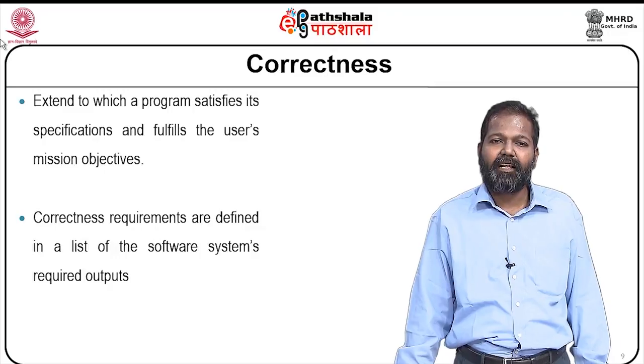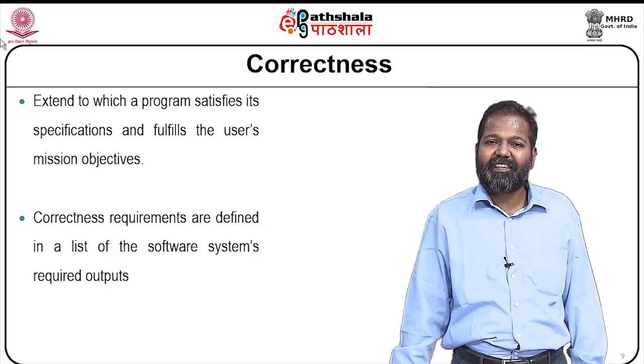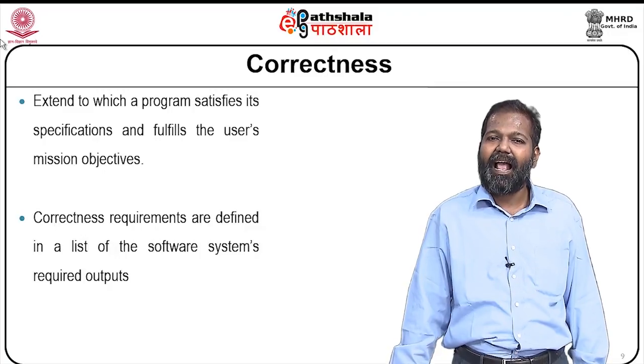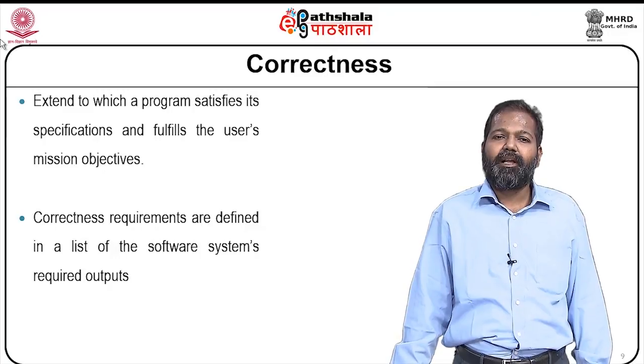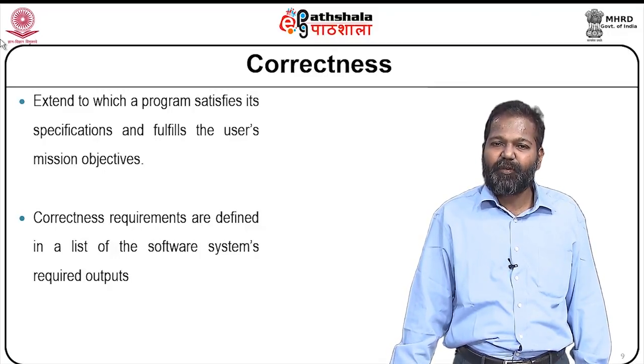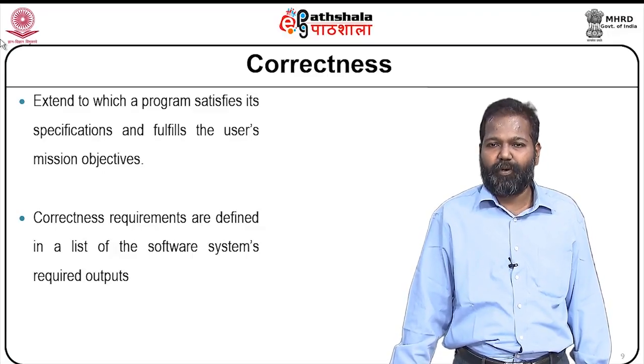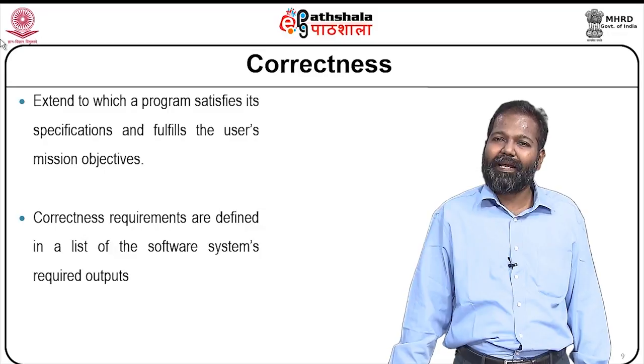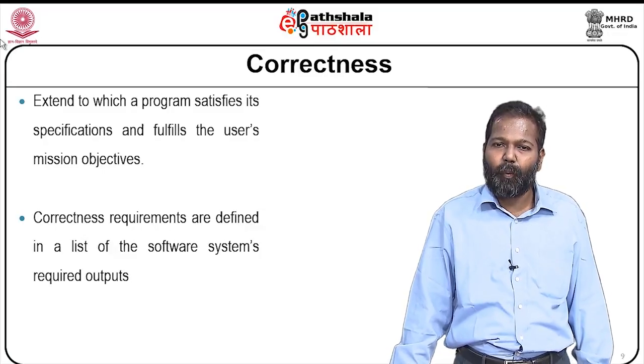That is the reason we have specified the extent to which a program satisfies its specification and fulfills the user's mission objectives. Correctness requirements are defined in a list of the software system's required outputs, what we expect the system to do.